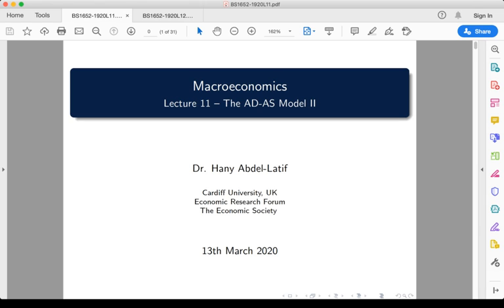Let's go back to have a look at what we did last time. Last time we talked for the whole lecture about the aggregate supply curve, and the main point from the previous lecture was to understand why the short-run aggregate supply curve might look different compared to the aggregate supply curve in the long run, and we tried to offer some explanation of this relationship.